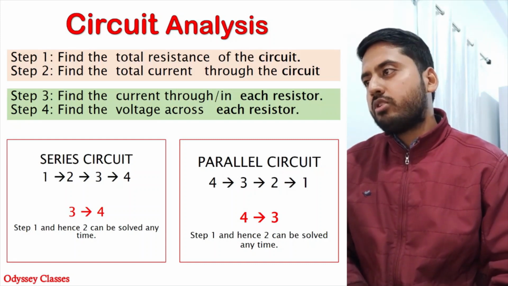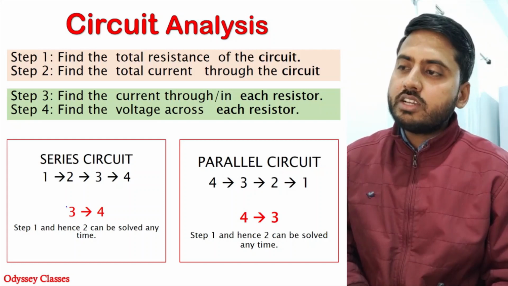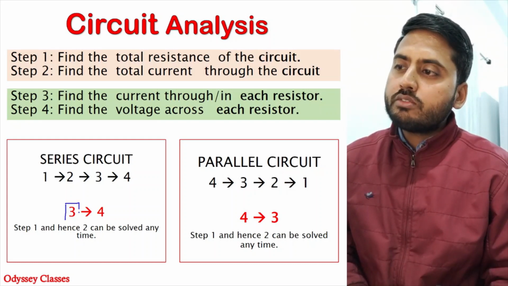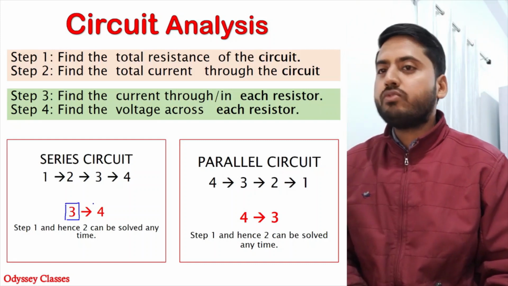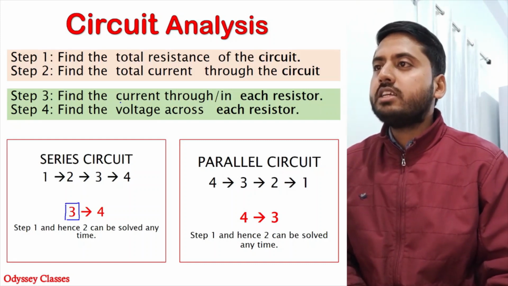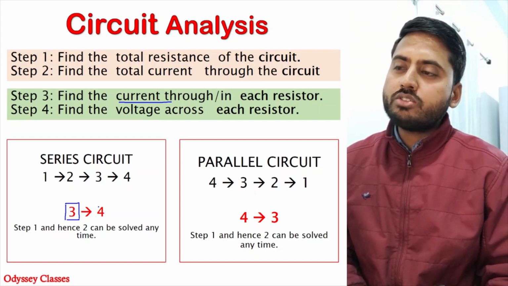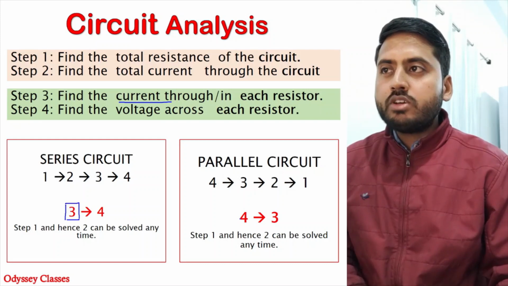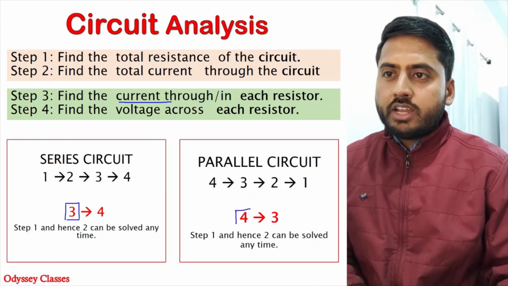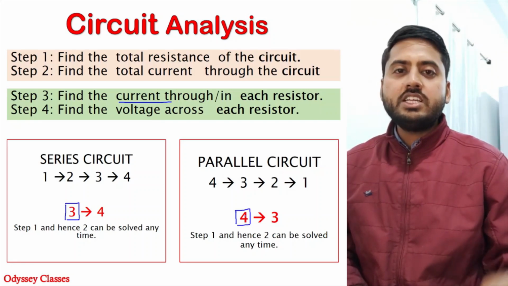Now, what is important to remember is that in case of a series circuit, we always solve number 3 and then number 4. What is number 3? We find the current in each resistor and then find the voltage across each resistor. Whereas in case of parallel, we find the voltage across each resistor and then find the current in each resistor.